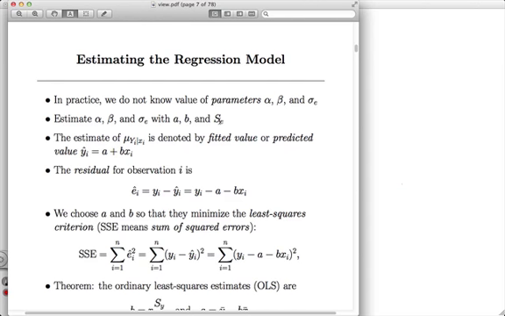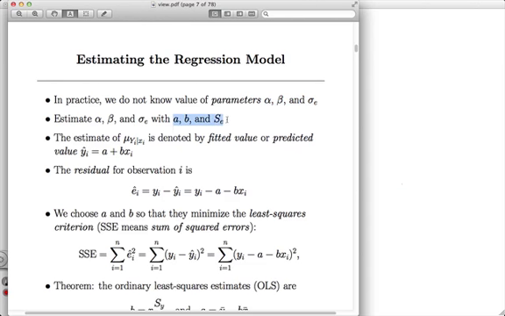In real life, we don't know the slope and the intercept, and we have to estimate them from data. So let's talk a little bit about how we estimate those from data. In practice, we don't know alpha, beta, and sigma sub e. Those are really the three parameters that are part of this model. We're going to estimate these with statistics a, b, and s sub e.